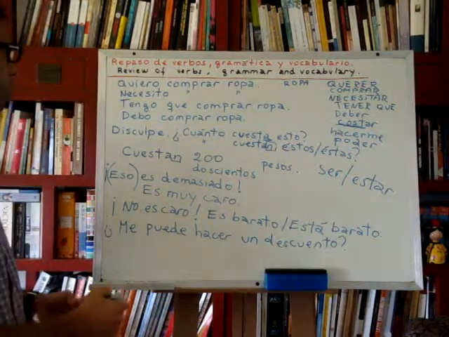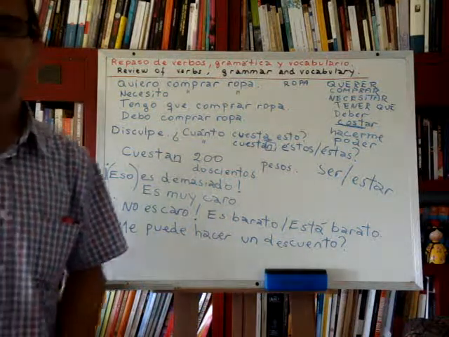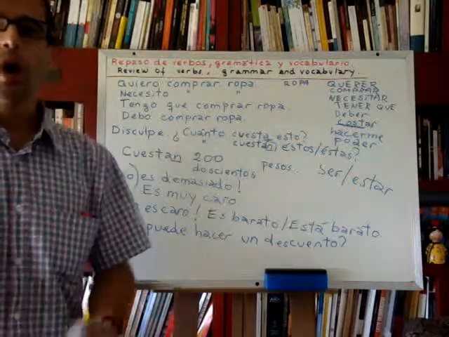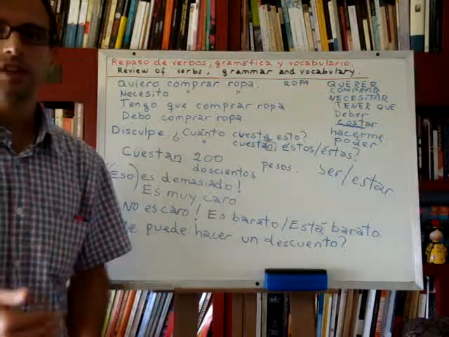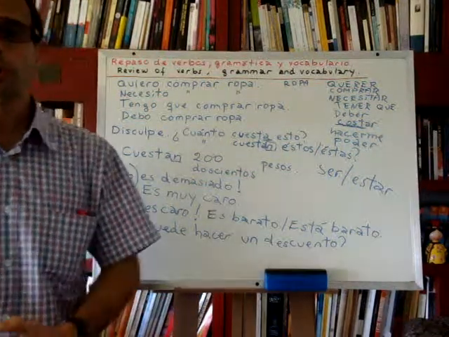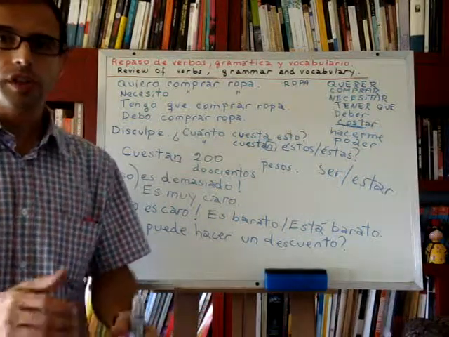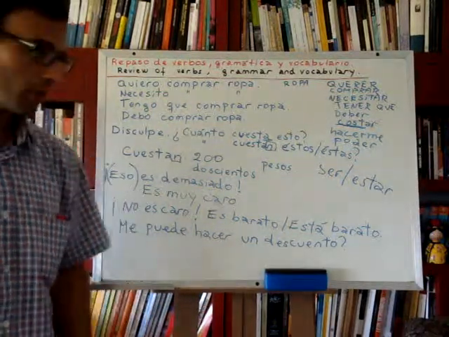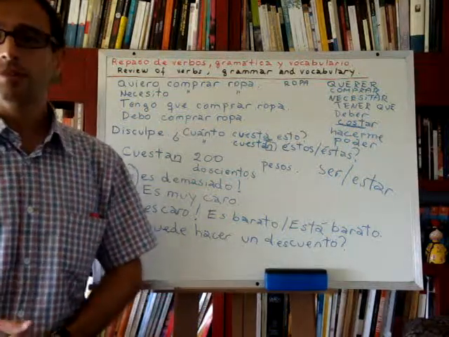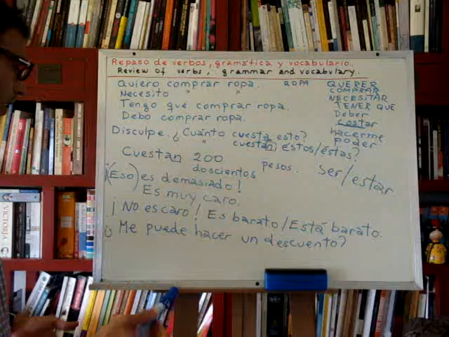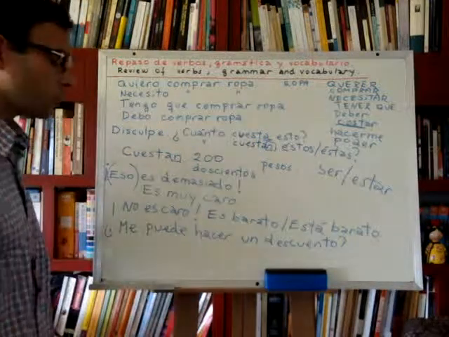Of course, when we are using question words like how much, how many, why, in Spanish we begin the sentence with cuándo, cómo, por qué, and there we can know that it is a question. But for example here, can you do a discount? Can you give me a discount? Me puede hacer un descuento.